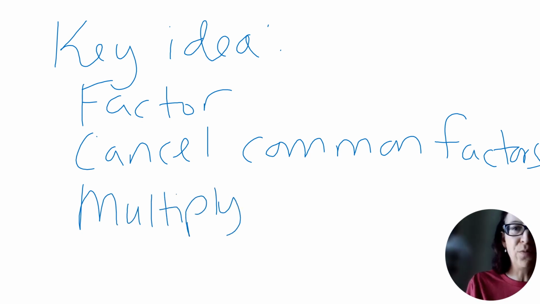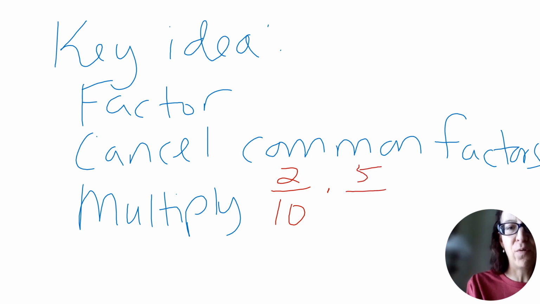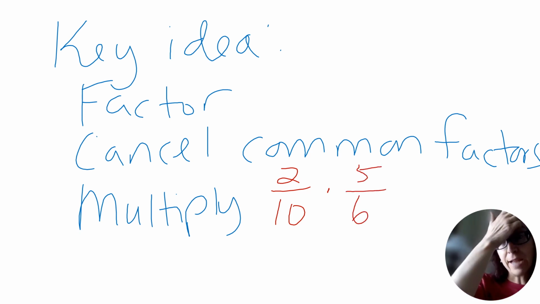So a numerical example of that would be something like this. If you had 2 over 4, that's a bad one. Don't go with that. Just kidding. Let's do 2 over 10 times 5 over 6. We could multiply that and get 2 times 5 is 10 over 10 times 6 is 60, and then we'd have 10 over 60, and we could simplify from there, which in this example would not be bad.